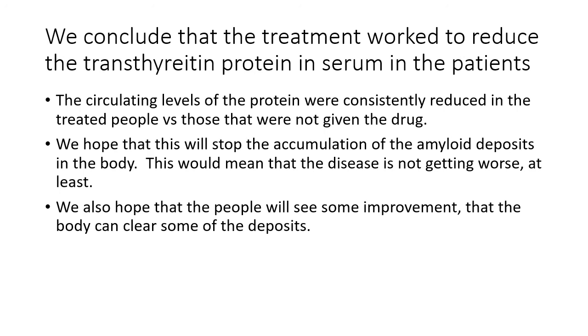So the hope is, not only is that the case, they would maybe see some improvement, and that maybe the body can actually clear some of the deposits. But in any case, this is a progressive disease, so if it simply stops the disease in its tracks, meaning that it's not getting any worse, that's still a huge achievement.